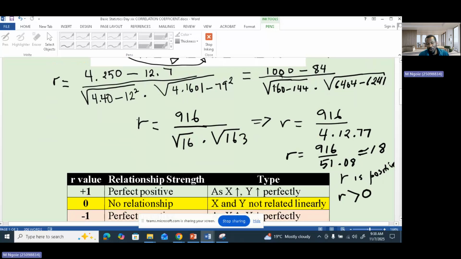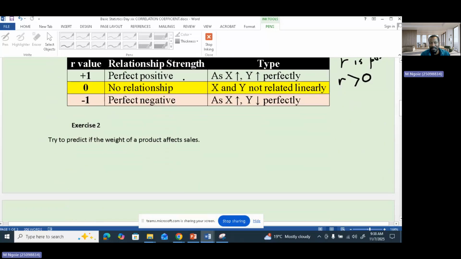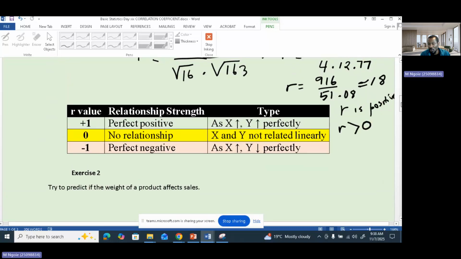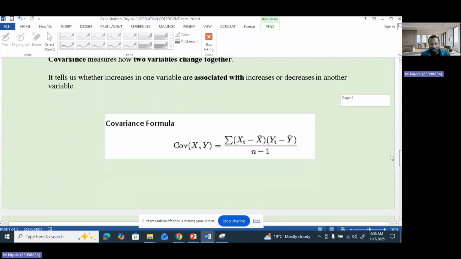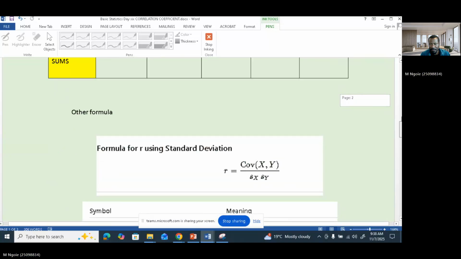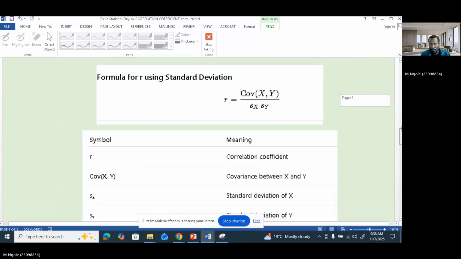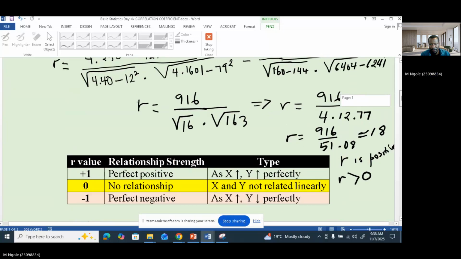So when it's positive, it means there is a strong relationship. We can conclude that your r is over 18 and your r is positive. Positive means there is a positive relationship.